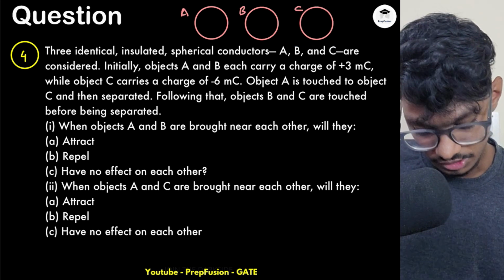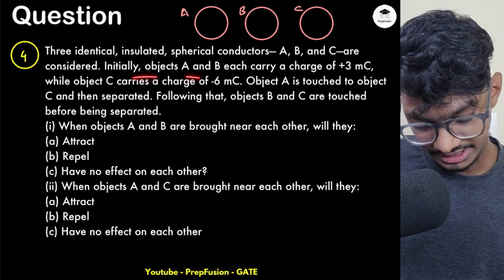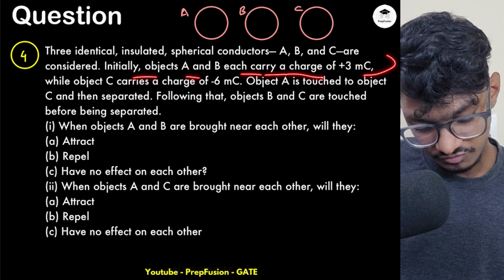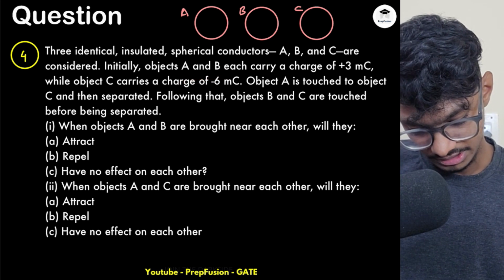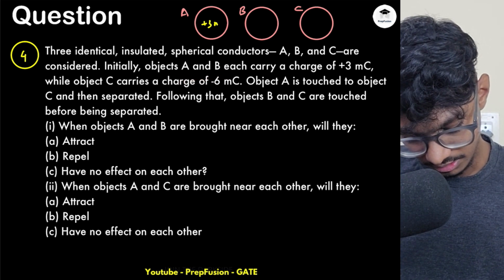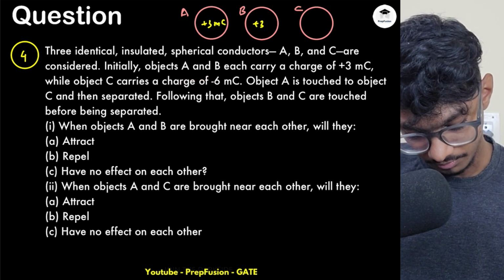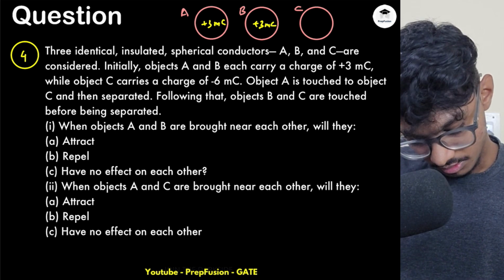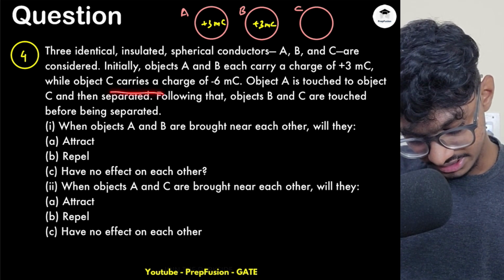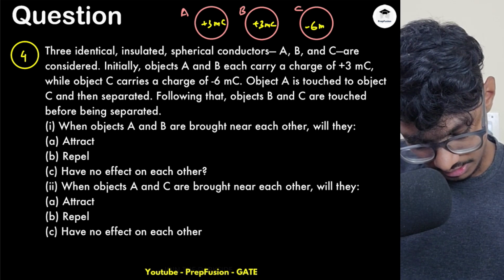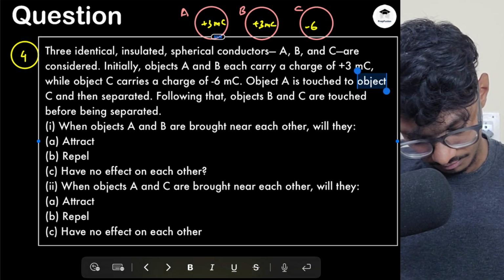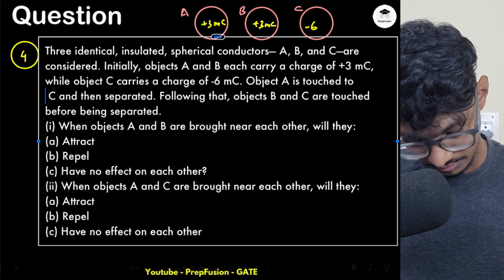Initially objects A and B each carry a charge of plus 3, not micro, sorry, millicoulomb, while C carries a charge of minus 6 millicoulomb.